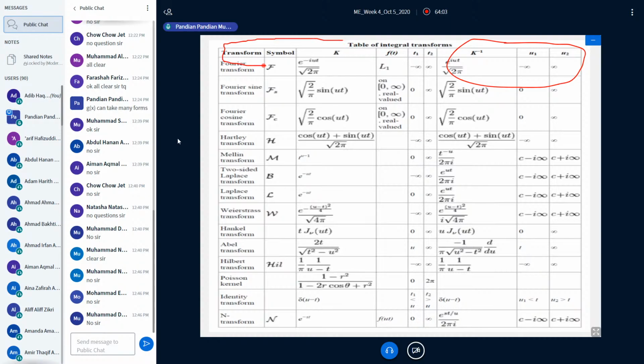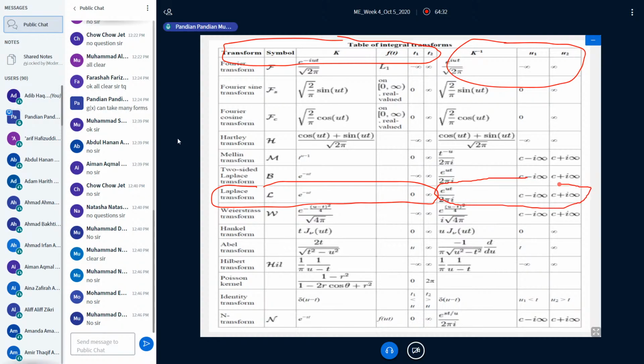But this table consists of Fourier transform, Fourier sine, Fourier cosine, Hartley, Mellin, two-sided Laplace transform, Laplace-Weierstrass, Hankel, and so on. We are interested only in this Laplace transform at the moment. Later we will move on to the inverse part.